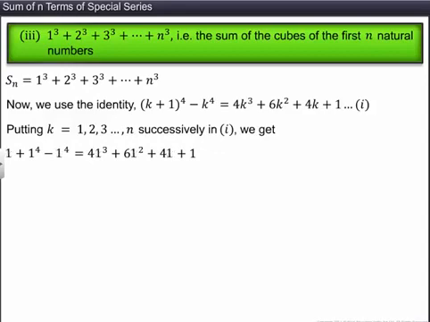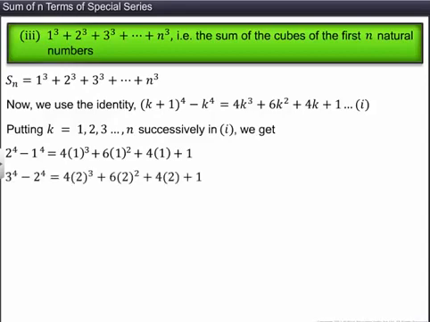2 raised to the power of 4 minus 1 raised to the power of 4 is equal to 4 into 1 cube plus 6 into 1 square plus 4 into 1 plus 1. Also, 3 raised to the power of 4 minus 2 raised to the power of 4 is equal to 4 into 2 cube plus 6 into 2 square plus 4 into 2 plus 1.